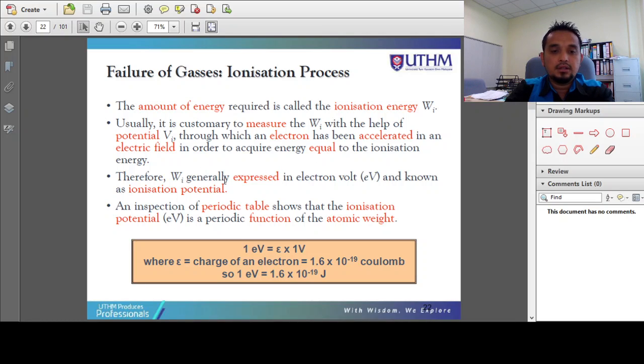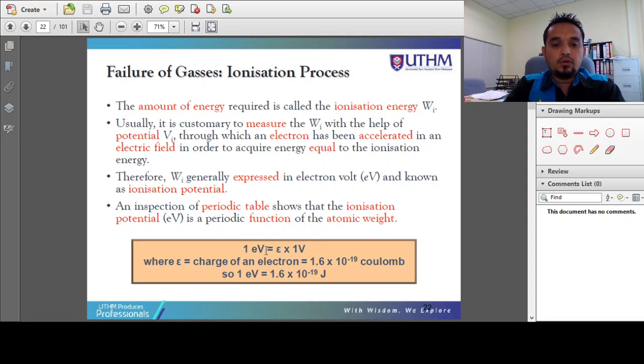Electron volt: the electron is there because the process of ionization involves the formation of charged particles, which involves the electron, and volt refers to the potential difference. That's why we refer to the electron volt as the ionization potential.